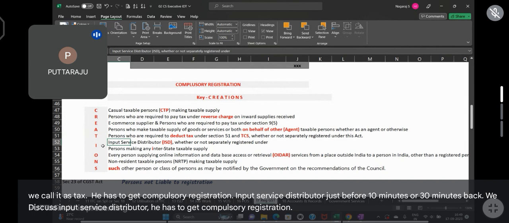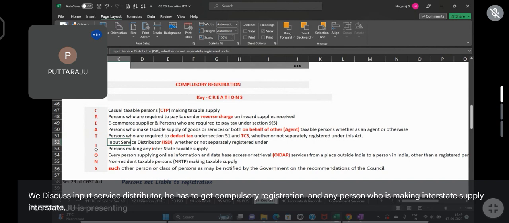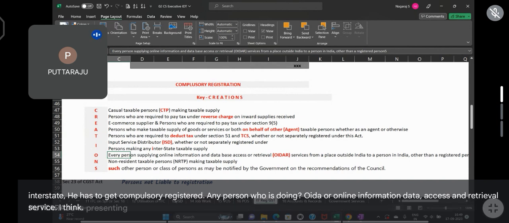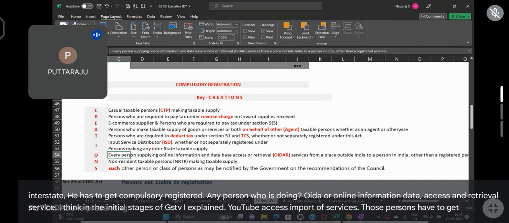And any person who is making interstate supply has to get compulsorily registered. Any person who is providing OIDAR, online information database access and retrieval service, like YouTube access, and import of services, those persons have to get compulsorily registered.